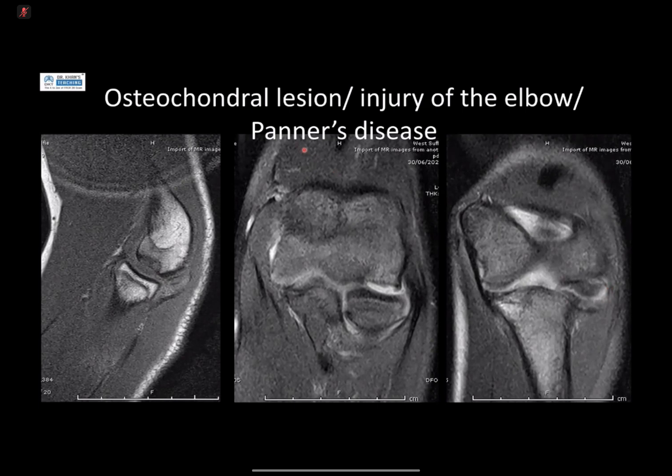People say you can differentiate Panner's disease: Panner's disease is just osteochondritis dissecans or osteonecrosis without floating fragments, and something a bit more you can call an osteochondral defect, which is what this one is. Osteochondral lesions are just alterations within the osteochondral junction, but you don't have a floating fragment. So I leave the floating fragments for osteochondral defects. And I think it's easier to describe it rather than to put the eponymous names on it.